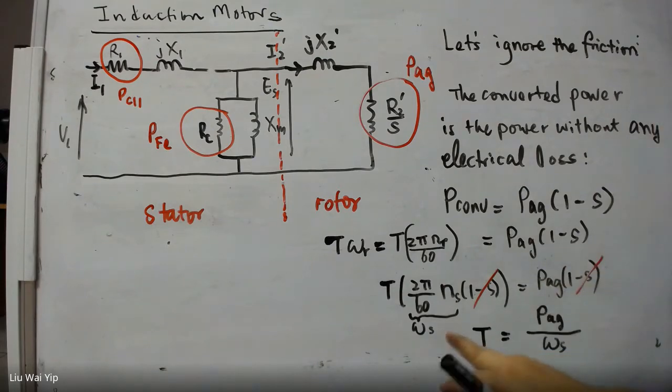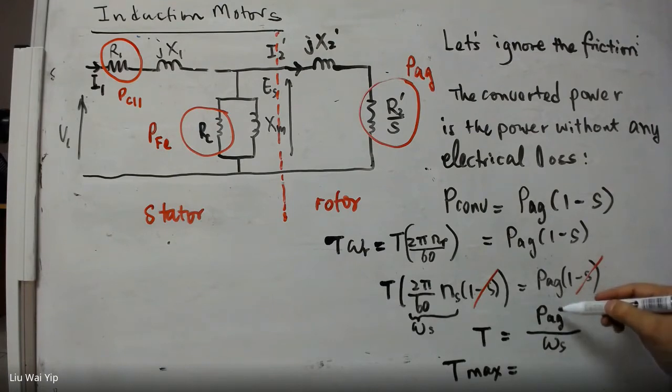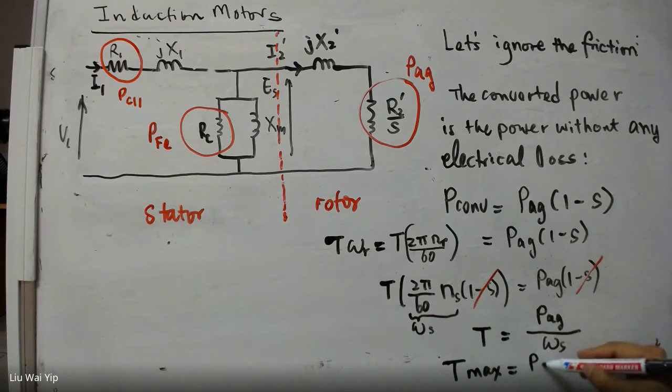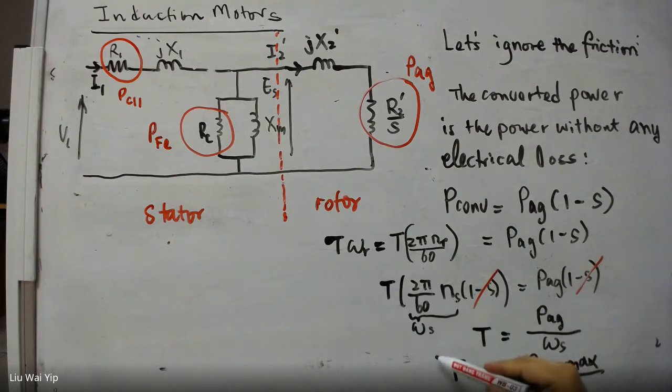But down here, let's agree that the maximum torque is going to happen when the air gap power is maximum. So this is a very important conclusion of the exercise so far.